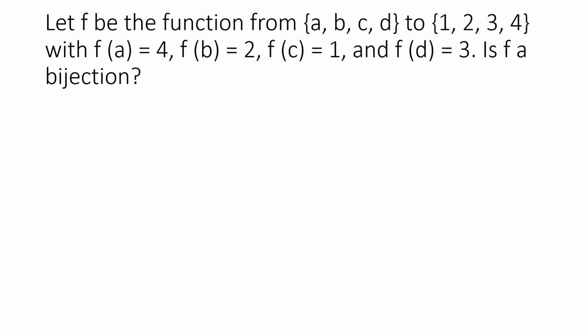It is one-to-one because no two values in the domain are assigned to the same function value. It is onto because all four elements of the codomain are images of elements in the domain. Hence, the function f is a bijection.